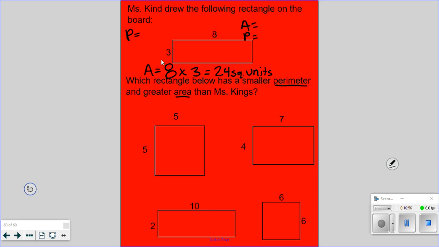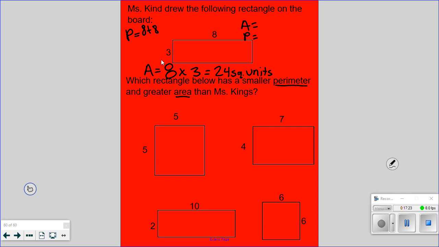What could be my equation to find the perimeter? What's the equation to find the perimeter, Michael? 8 plus 8. How did you know to do 8 plus 8? Because I only see 1 8. It looks like you were just doing array. Yep.